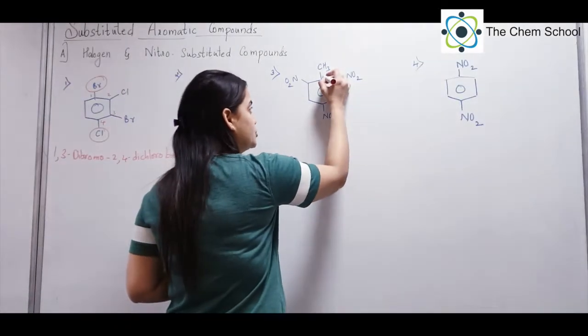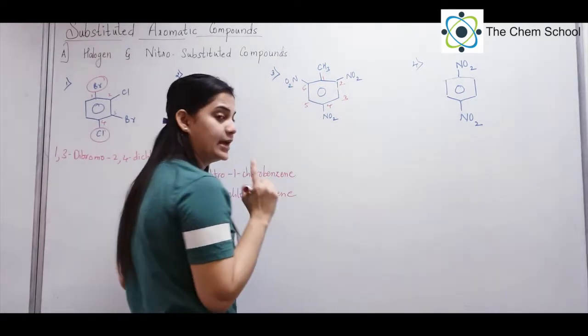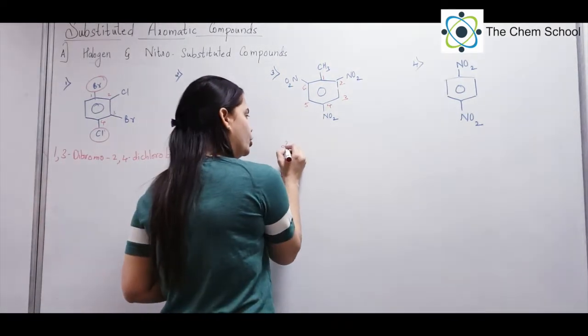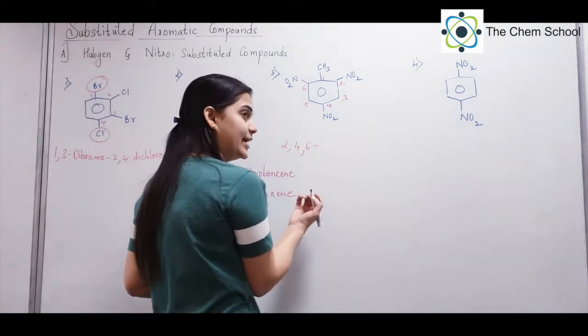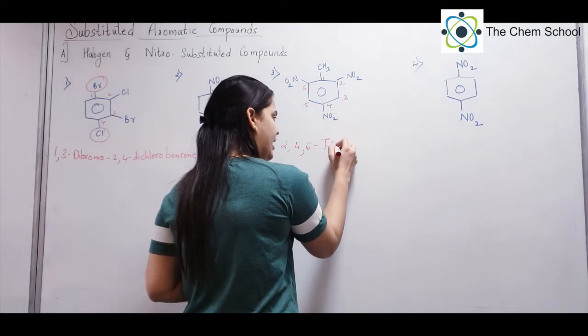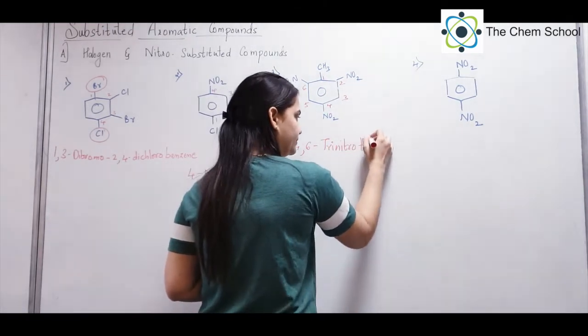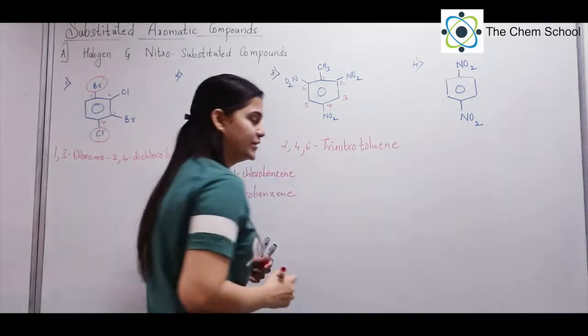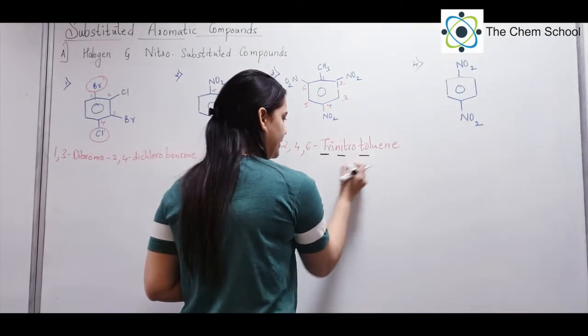So this is 1, 2, 3, 4, 5, 6. Now do the numbering: 2, then 4, then 6 is nitro. There are 3 nitro, so you will say it is trinitro, and the ring is of toluene. So it is trinitrotoluene, also known as TNT.